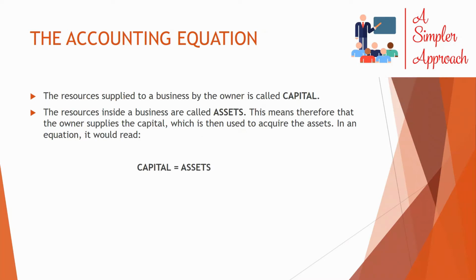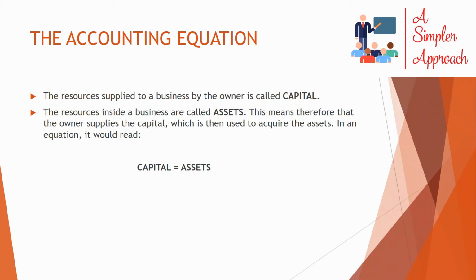Now that we understand the three components of the accounting equation, let us now put everything together so we can get a holistic understanding of the equation itself and how it works. We learned just now that the resources that are supplied to a business by its owner are called capital.